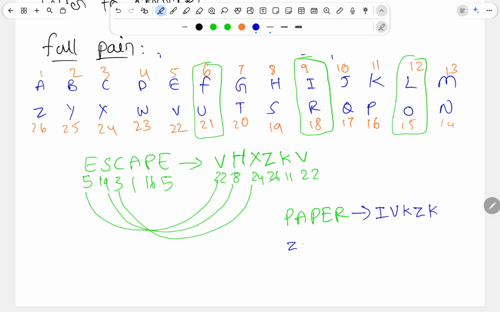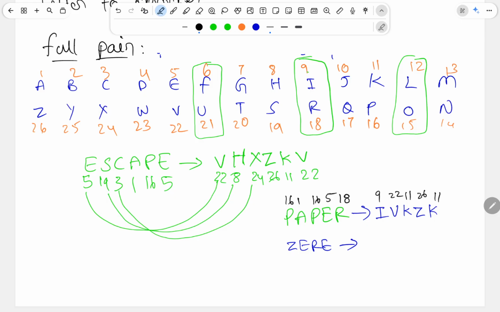Then zero is coded as what, in that same language? So first give the numbers. P is 16, A is 1, P is 16, E 5, R 18. Now give the numbers 9, 22, 11, 26, 11. Now check the first letter, 16 and 9.